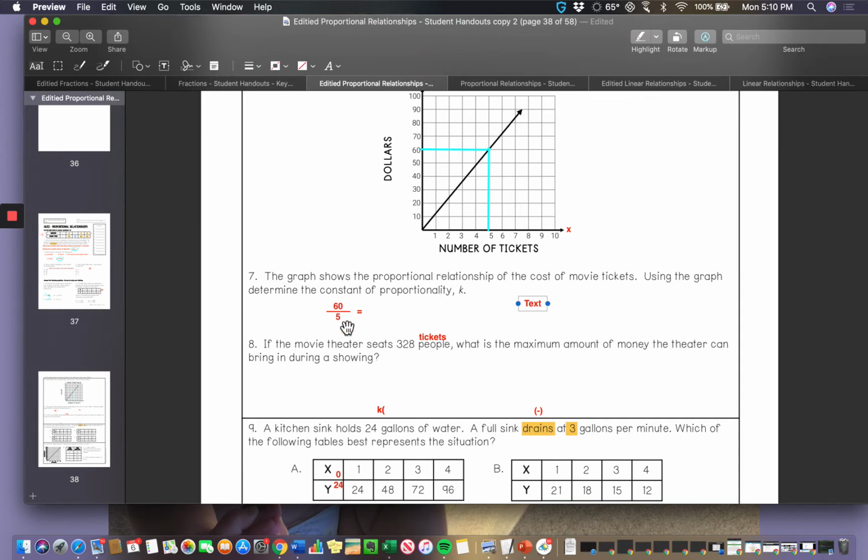So if you did that here, your K is going to be, I don't know, $11, $12, or $13. So K could be $11, $12, or $13, but you'll get that answer by dividing 60 by 5. So it could be K, the amount it costs for one ticket, multiplied by the number of tickets, which is 328, will give me the cost in dollars for the amount of money the movie theater can make when it seats 328 people.